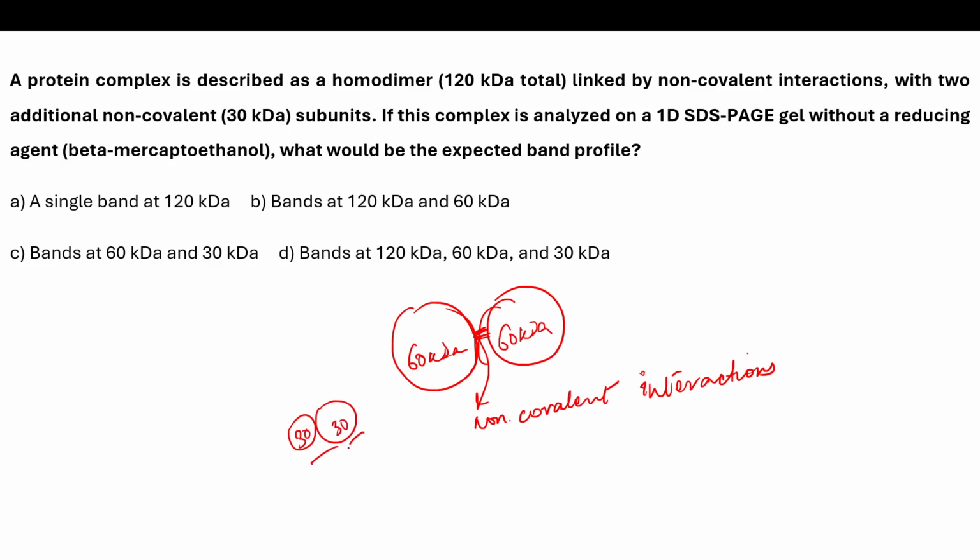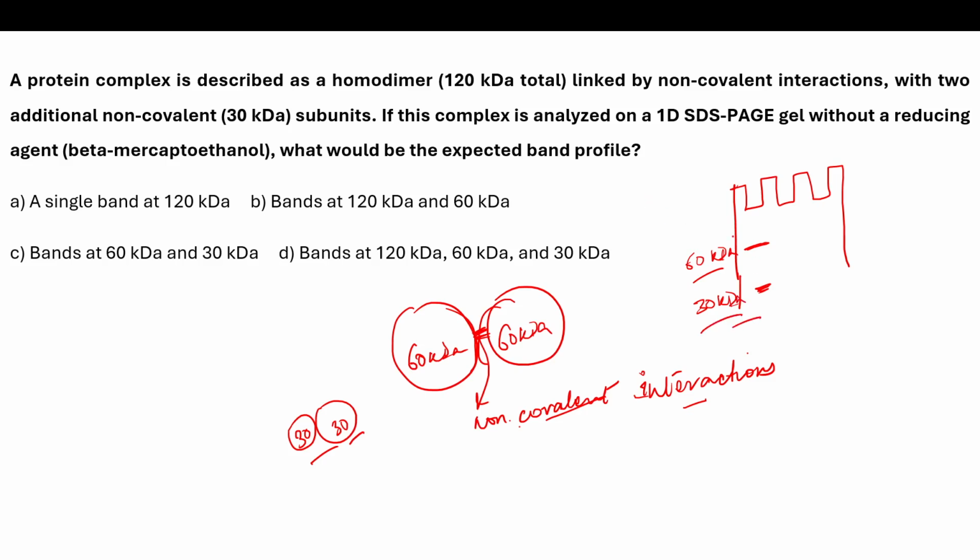When this complete mixture is loaded on an SDS PAGE, SDS PAGE is denaturing, right? The homodimer, which has non-covalent interactions between the subunits, will be separated. It won't run at 120 kDa; the two 60 kDa subunits will run individually at 60 kDa, and there are two 30 kDa subunits which will run at 30 kDa only.